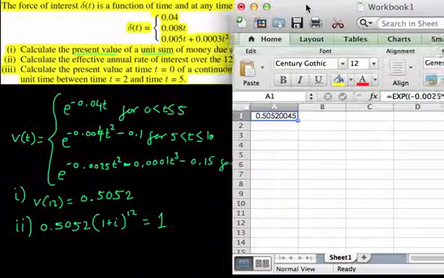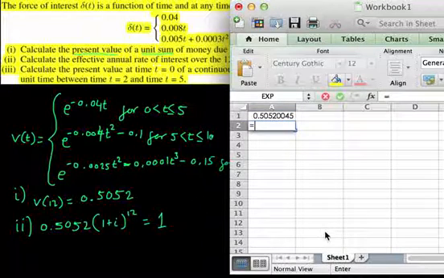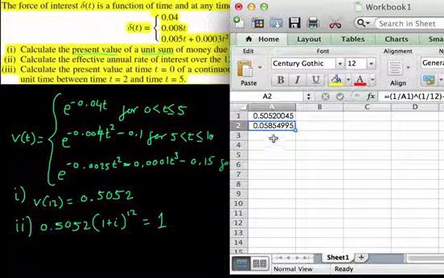So we just need to find i, which equals 1 divided by our present value, to the power of 1 over 12 to get rid of the power of 12, and then the whole thing minus 1.